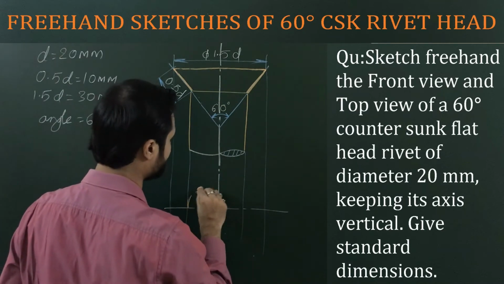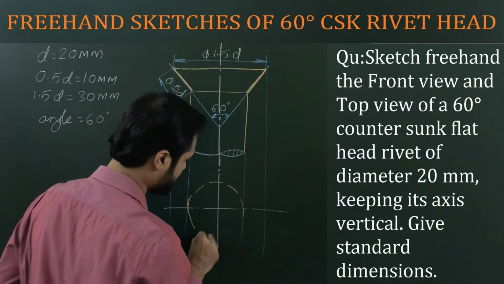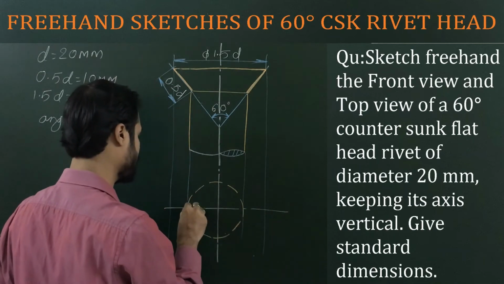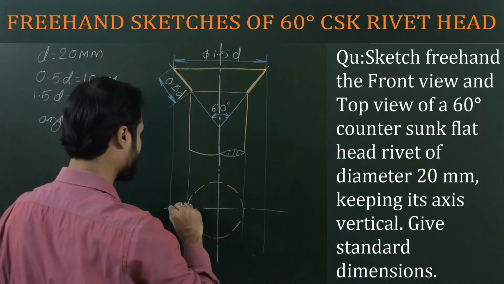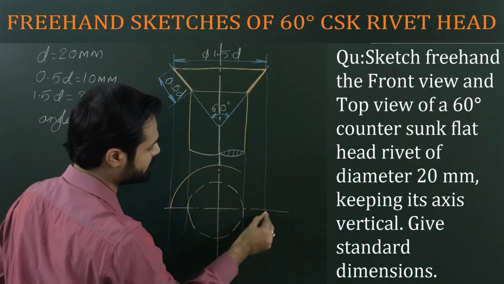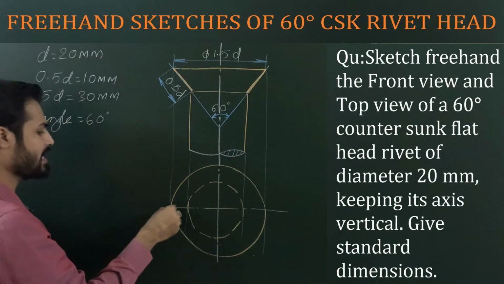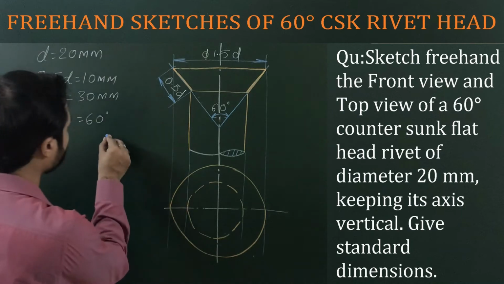So draw a hidden circle of diameter D, freehand, and this is the outer circle of the upper part. It's a dark and complete circle of diameter 1.5D. Then write headings of front view.